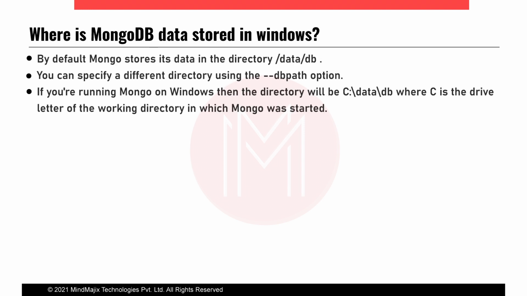The next one is, where is MongoDB data stored in Windows? We can use Linux and Apple OS, that is iOS and Mac OS, everything in MongoDB. But most users want Windows, so that's why I mention it here. By default, MongoDB stores the database in the directory data/db.